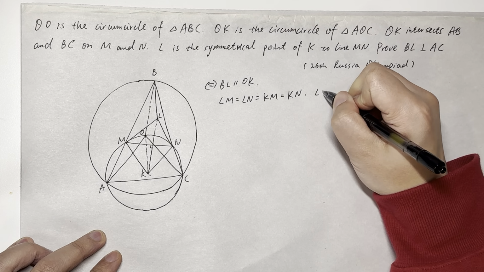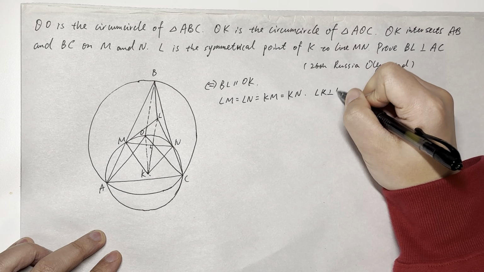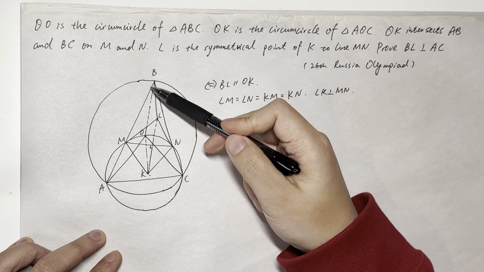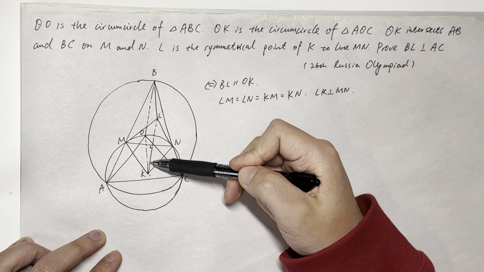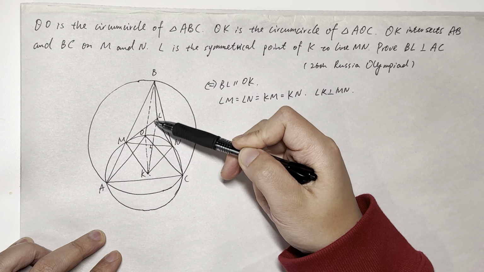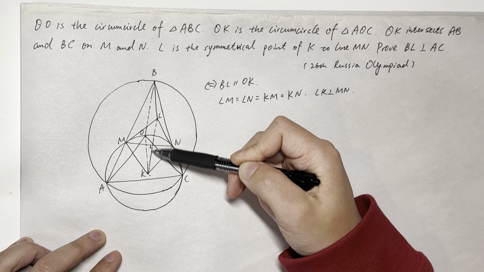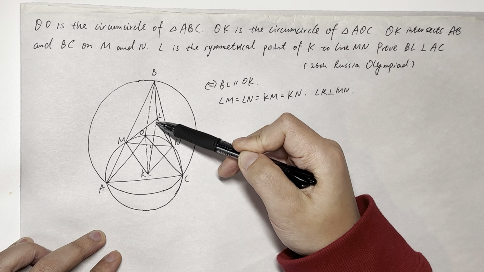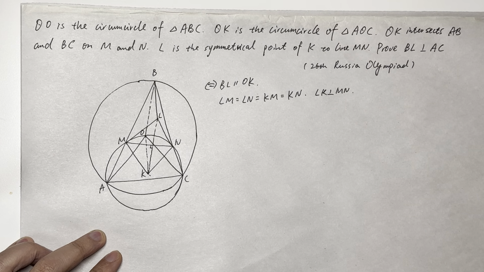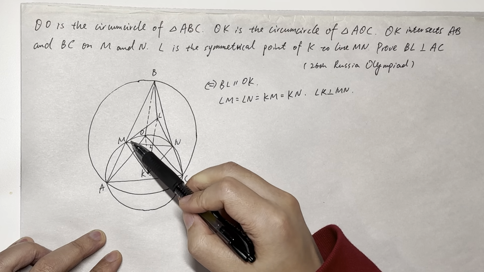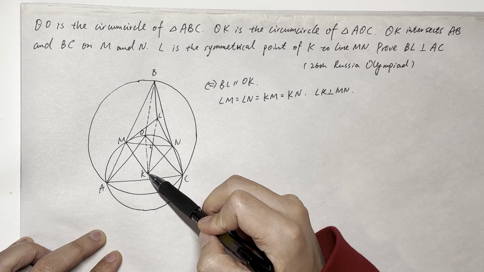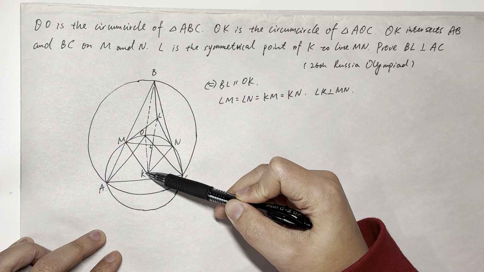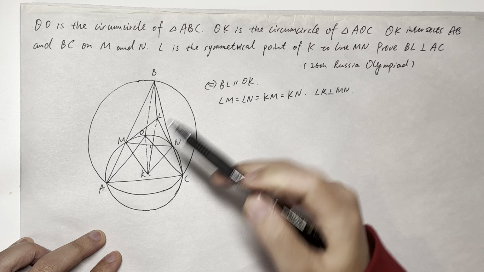And we also know that LK is perpendicular with MN. So we want to prove that BO is equal to LK, right? So LK appears in the triangle MKL, and we know that ML equals MK, so LK is in an isosceles triangle MKL.